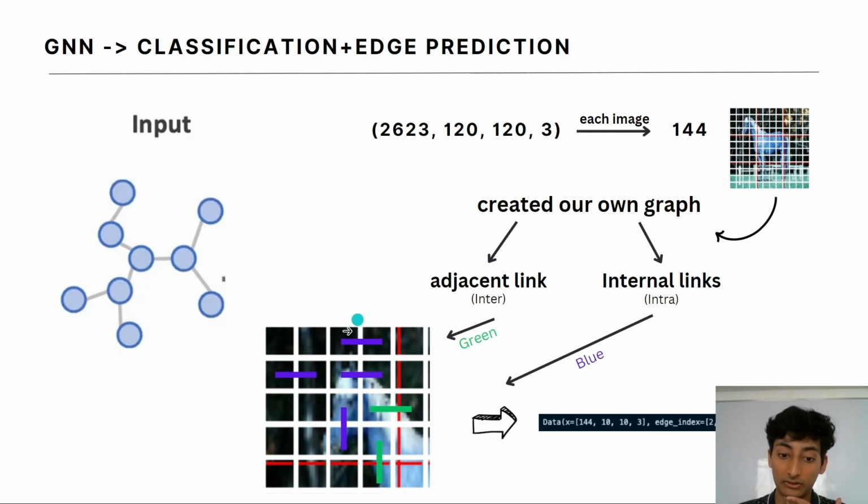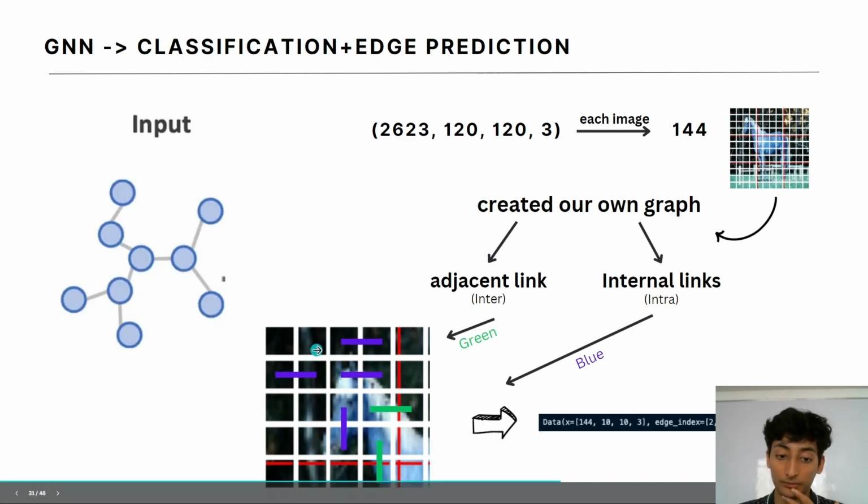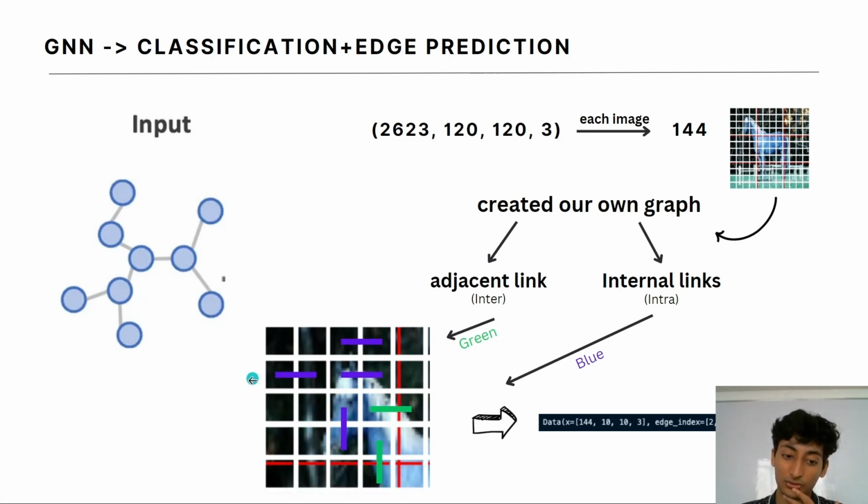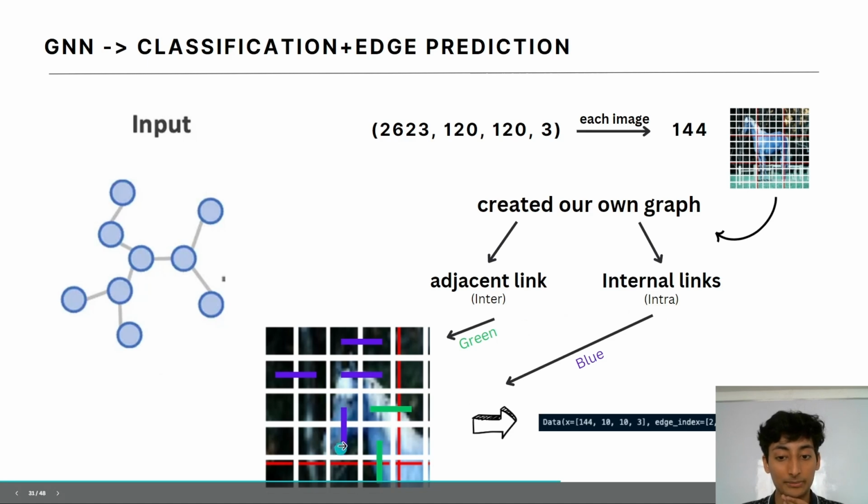What we did is segregate our image into 9 pieces, which are our 9 puzzle pieces, and we also divided each piece into 4 different parts. This is done so that we get more granular information and can see adjacent links and internal links. The internal links in this image are denoted by the purple color.